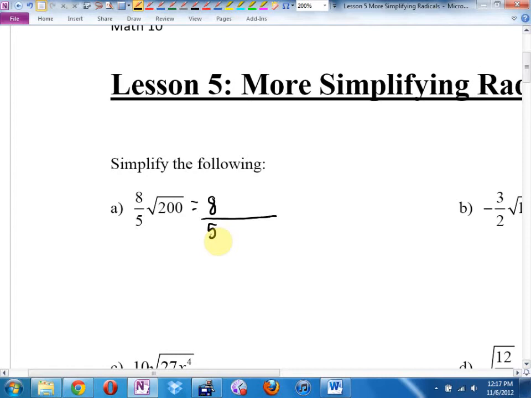So we're going to take that root 200 and rewrite it as what times what? Oh, 100 times 2. Is 100 a perfect square? That's a great choice. So we're going to write it as root 100 root 2.